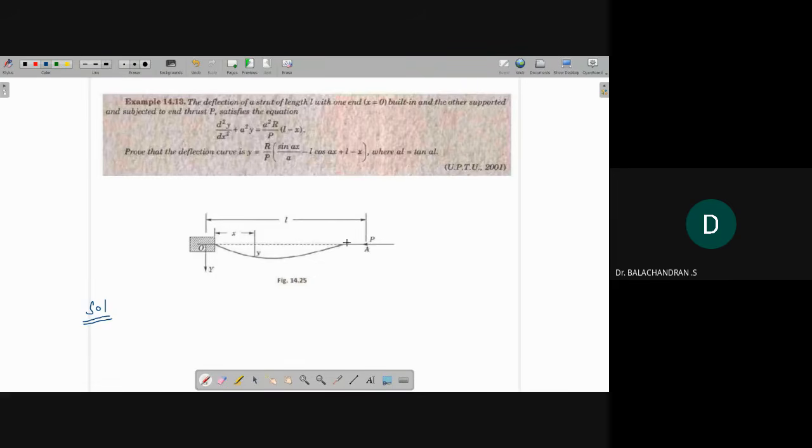Now first write this equation: D square plus a square into y equal to a square R by capital P into L minus x, where D square is d square by dx square.